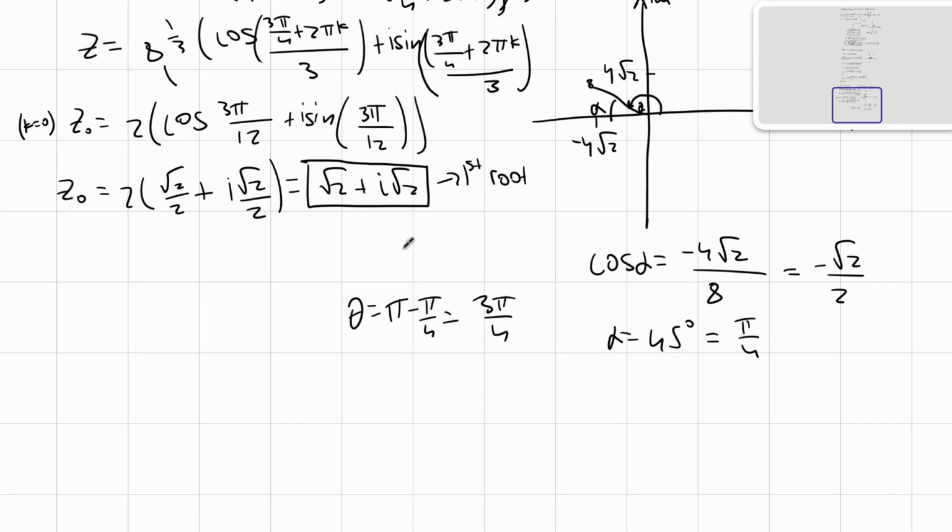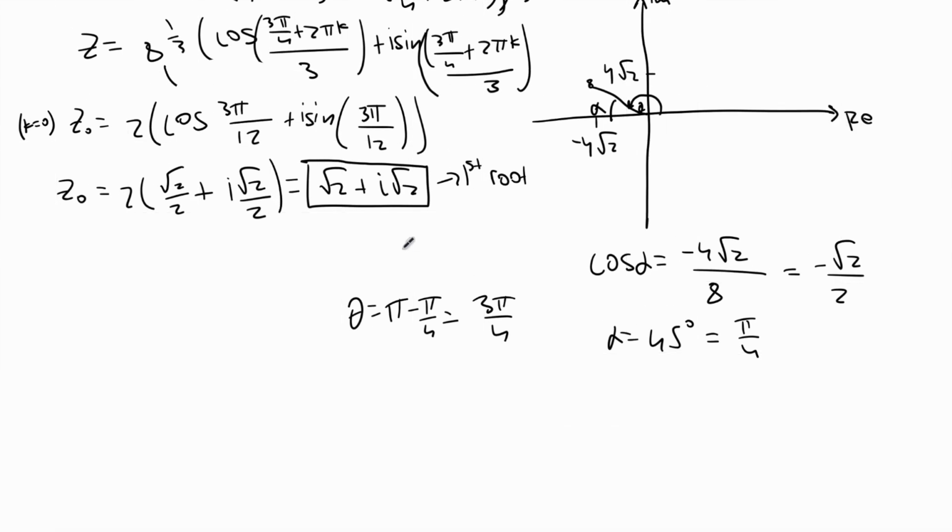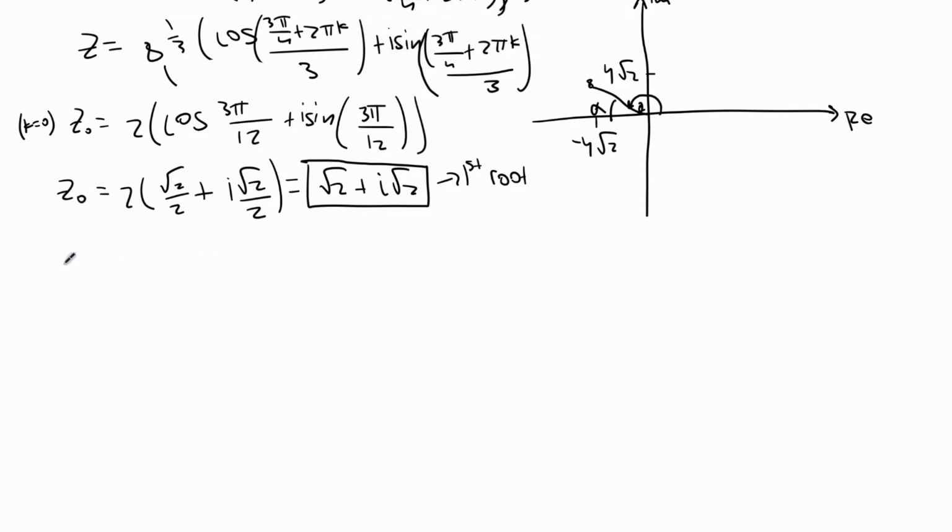Now let's go ahead and find the other roots. The second root is going to be z1, and it's going to be in a similar fashion. A to the power of 1 over 3 is 2. Now k is equal to 1. We have to remember that each time we find a new root, we increment k, and now k is 1.